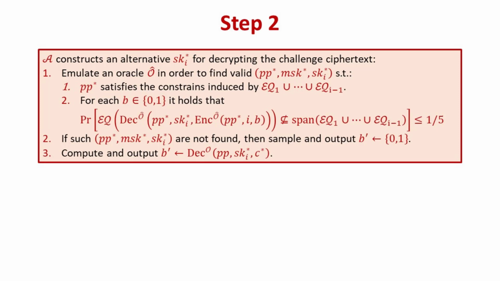First, pp star should satisfy the constraints induced by the equations found in the first part of the algorithm. Second, the probability of finding a new equation that is not in the span of the previous equations is upper bounded by a certain constant. If such alternative pp star, msk star, and sk star I are not found, then the attacker outputs a random bit, and otherwise the attacker decrypts the ciphertext using sk star I and outputs the result.